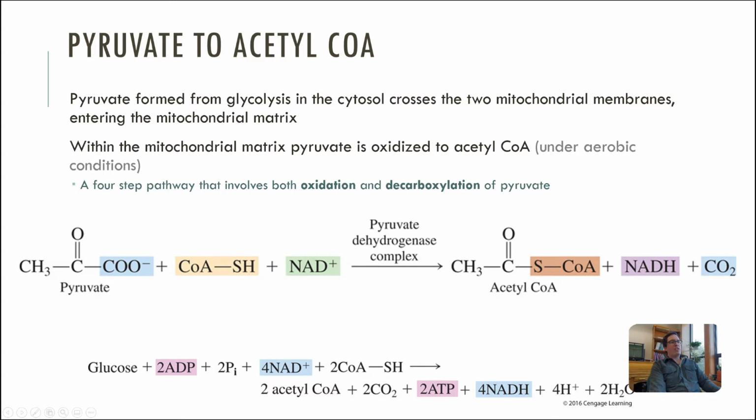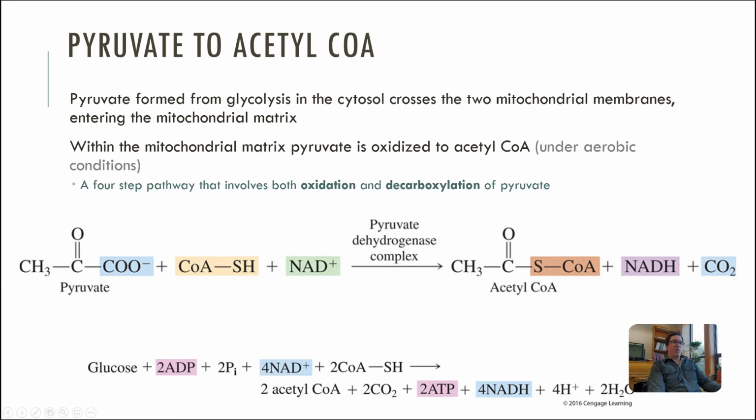When pyruvate in the mitochondrial matrix is oxidized to acetyl coenzyme A, we have a four-step pathway, which we're not going to look at in any detail. It involves both oxidation and decarboxylation of pyruvate. All we really want to know is the overall reaction. So here we have pyruvate. Remember, pyruvate is in its deprotonated form. This carboxylic acid is ionized.